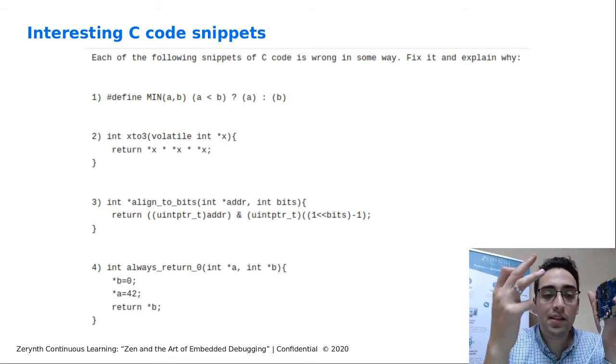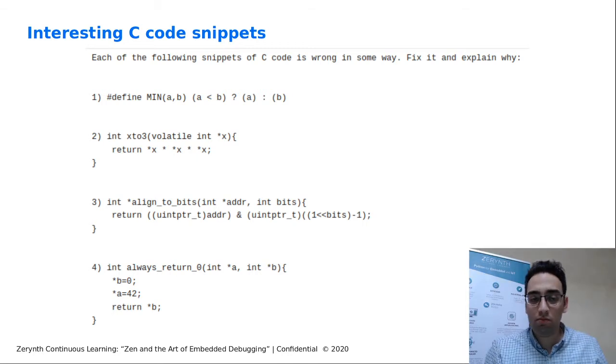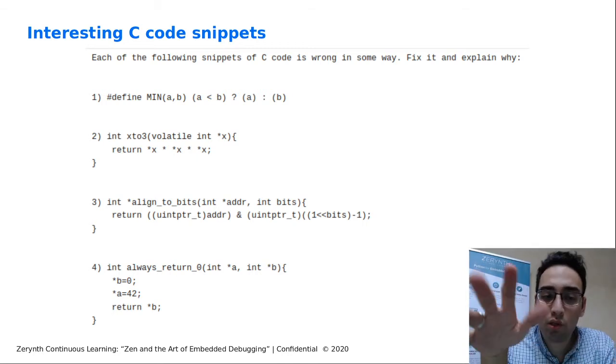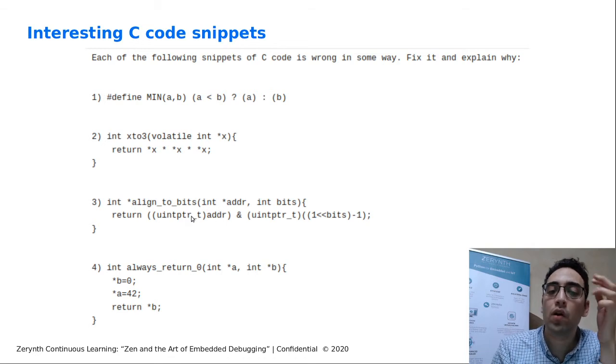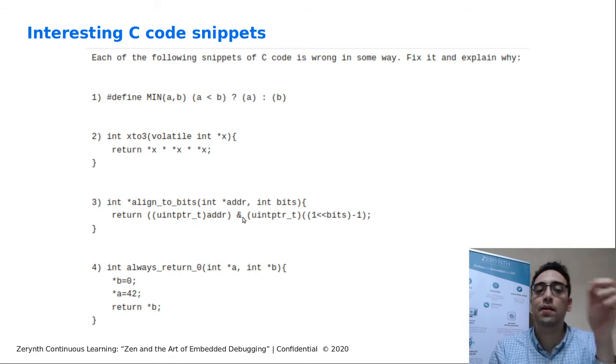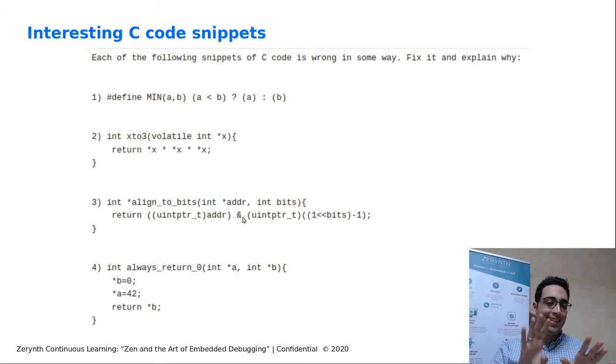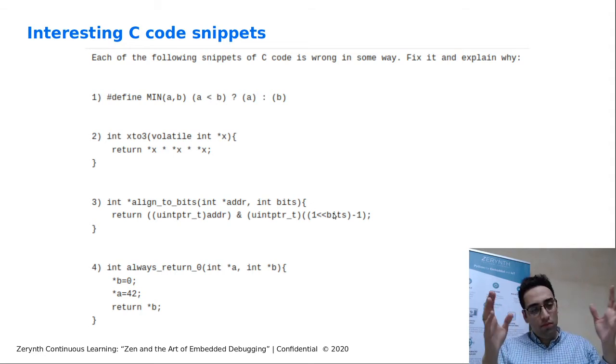The third example is the align to bits. By a careful look, you would find that it basically takes an address, casts it, and then makes a bitwise AND with a one shifted by the number of bits. So let's make an example.